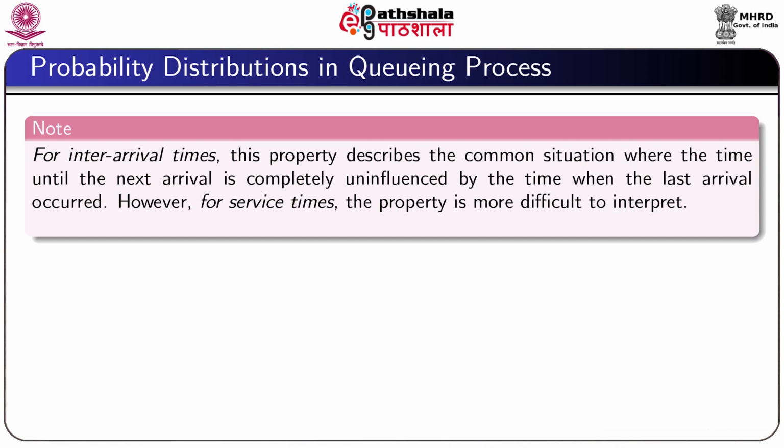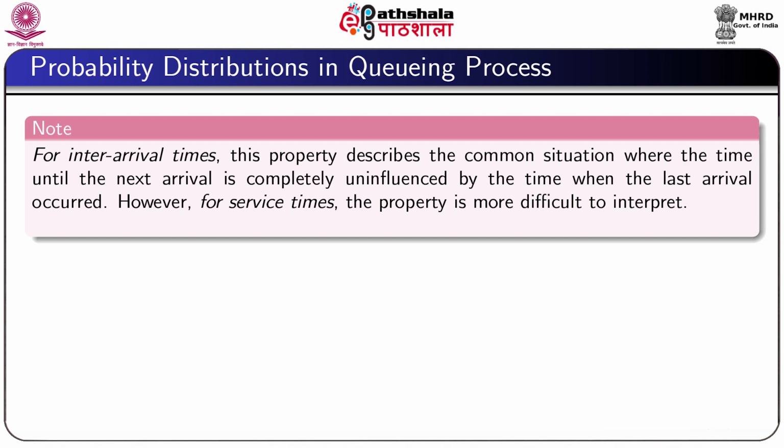Here is an important observation. For inter-arrival times, this property describes the common situation where the time until the next arrival is completely uninfluenced by the time when the last arrival occurred. Whereas, for service times, this property is more difficult to interpret.